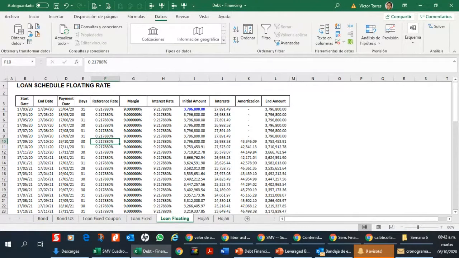You probably have heard about the LIBOR rate, right? So the LIBOR rate is a rate that is established by financial institutions in London. It's basically the rate they lend to one another, that they give money to one another overnight, only for one day.